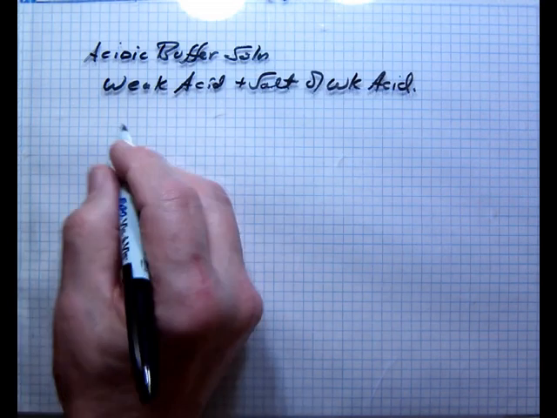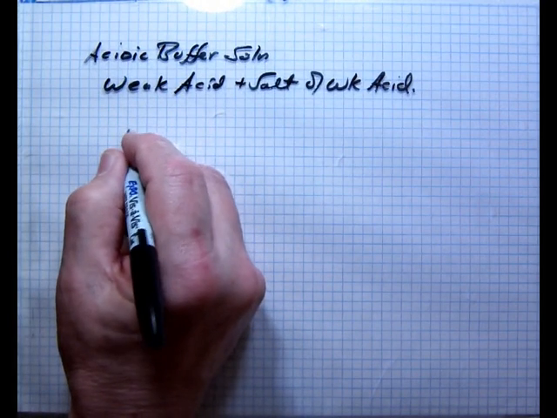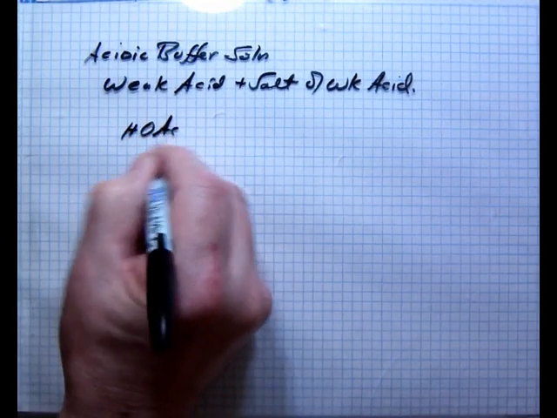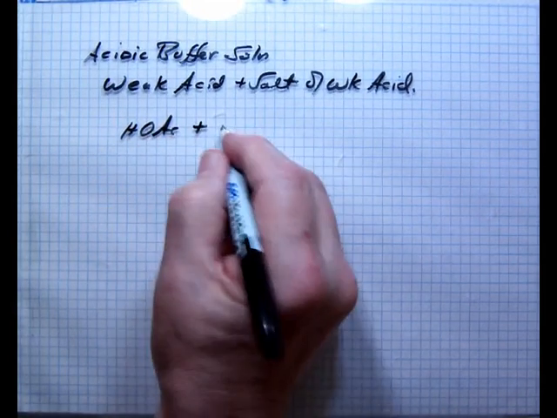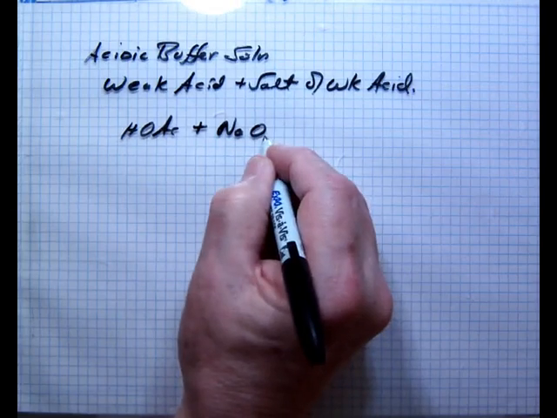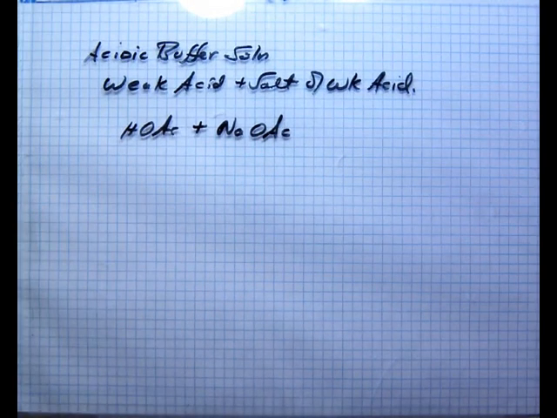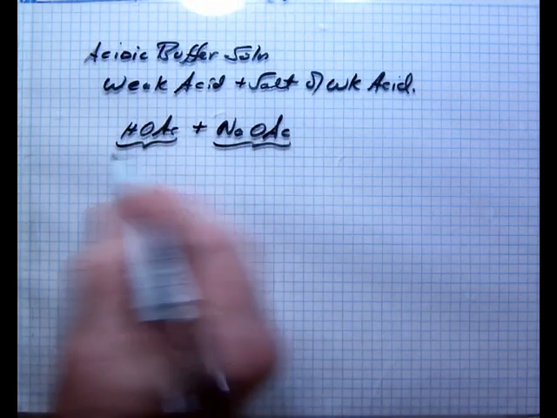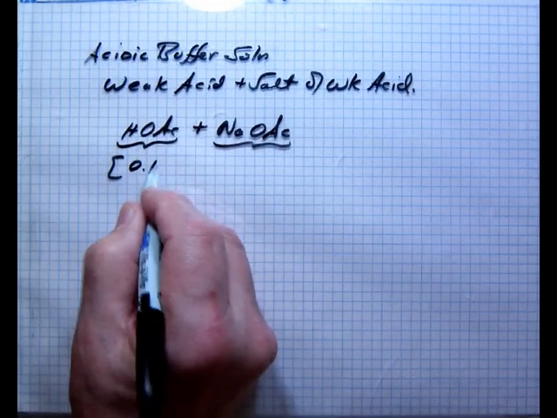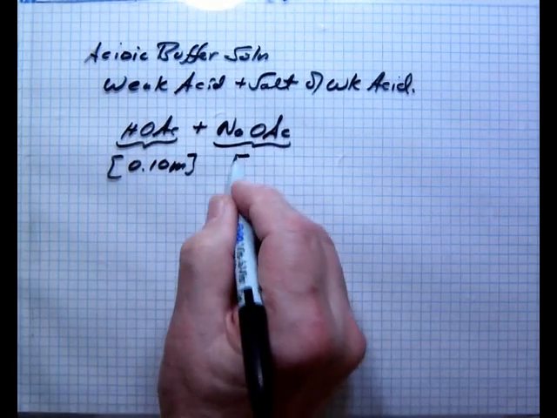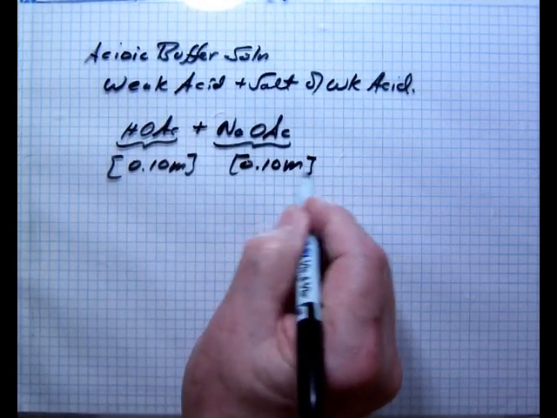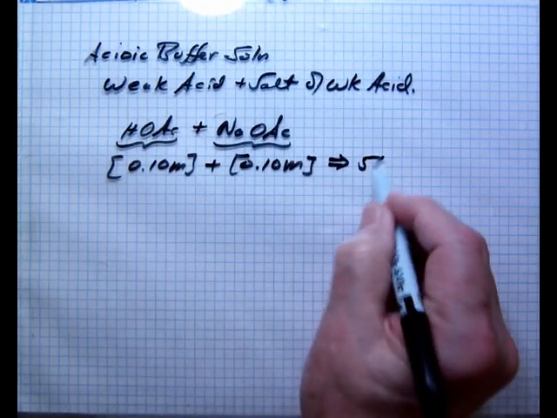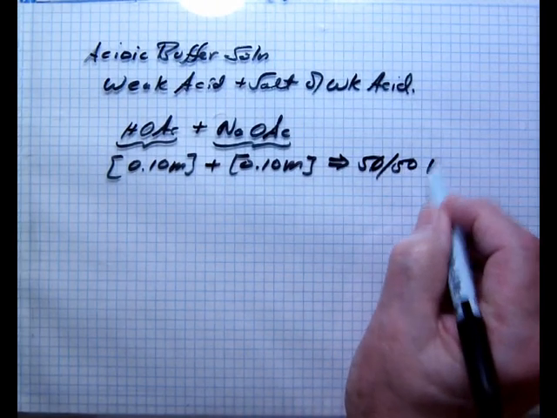An example is, say we have acetic acid, HOAc, that's the acetate, and we put that into a solution of sodium acetate right here. Okay, and if we have equal concentrations, say the concentration is 0.10 molar, and this one is 0.10 molar right here, we have what is known as a 50-50 buffer.